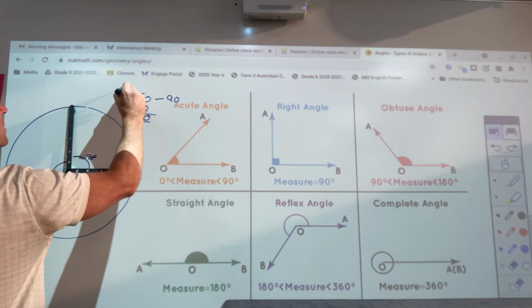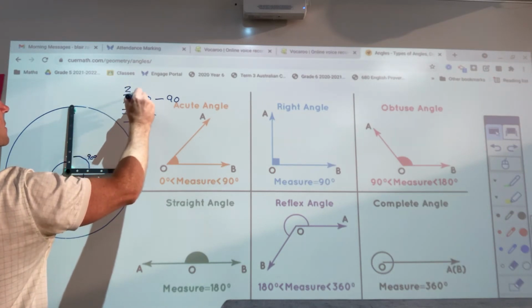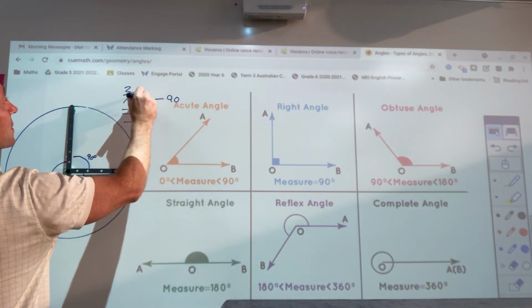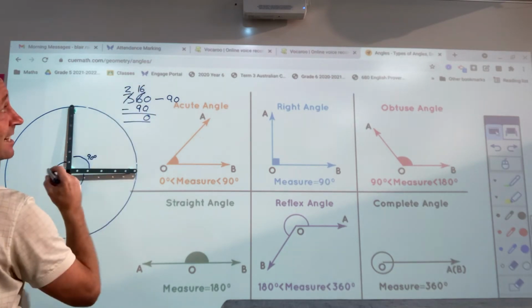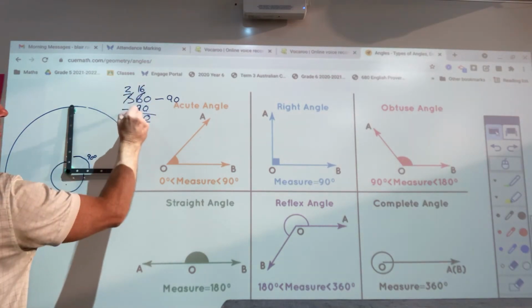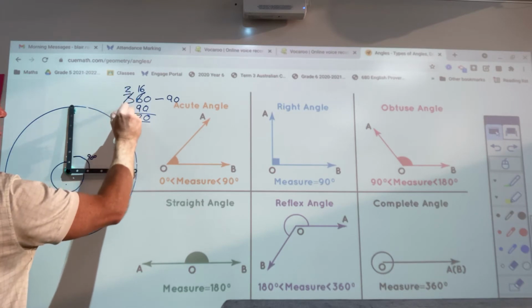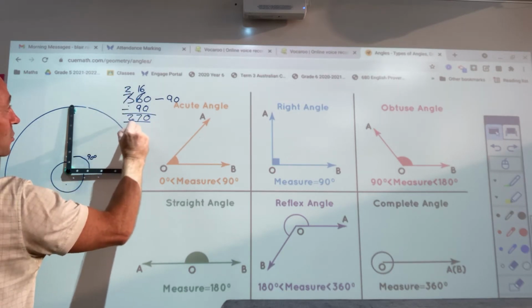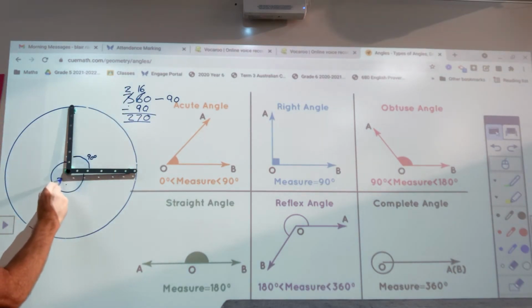Come over to the hundreds, I exchange that, 10 tens, this becomes 16 tens. 16 minus 9 leaves 7, 2 minus nothing, 2. 270 degrees would this angle be.